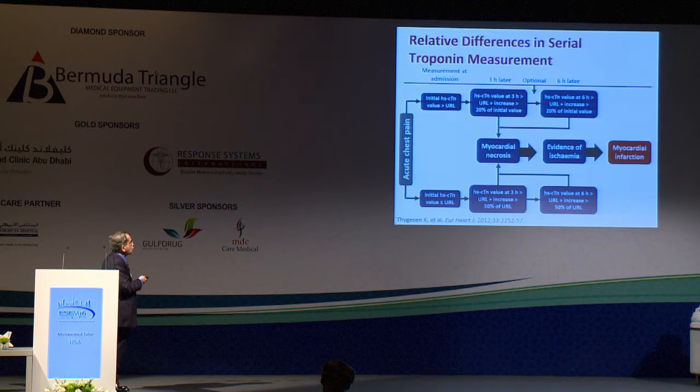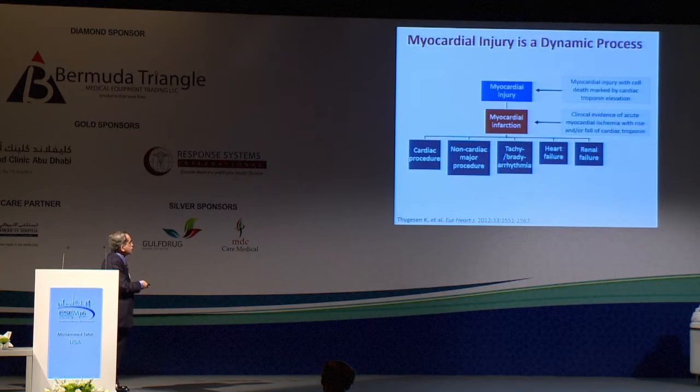The other one is all the tachyarrhythmias and bradyarrhythmias. Atrial fibrillation, atrial flutter, and supraventricular tachycardia will, if they are fast enough, release troponins. Heart failure, supply and demand causes increased troponins. And in renal failure, there is reduced clearance of whatever troponin is released.